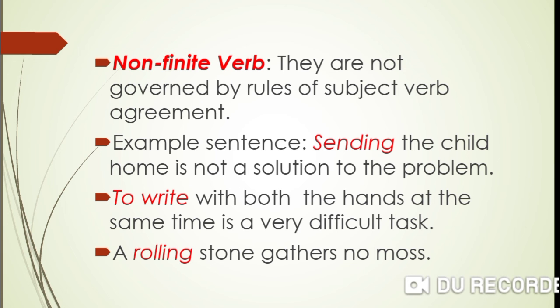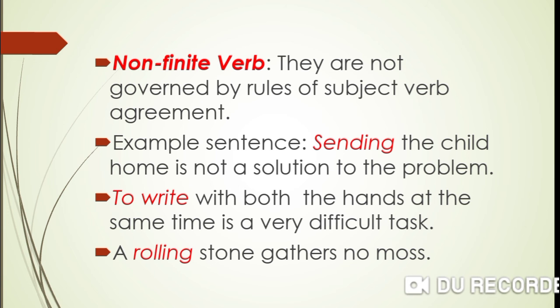Another form you can see: to write with both the hands at the same time is a very difficult task. So here to write is non-finite, and that is called infinitive. To write is called infinitive. So to plus v1, that is the form of infinitive.